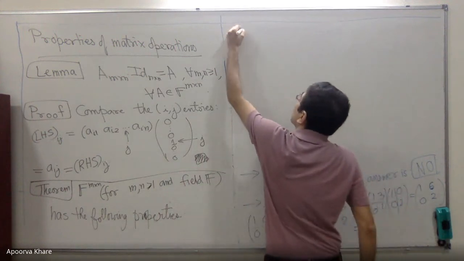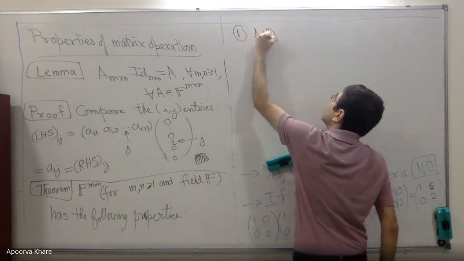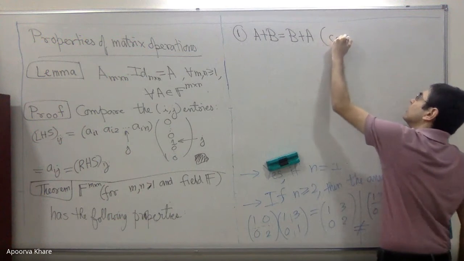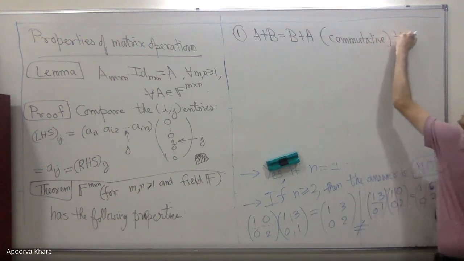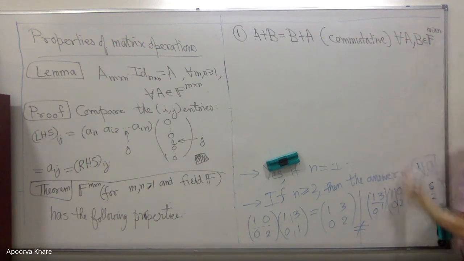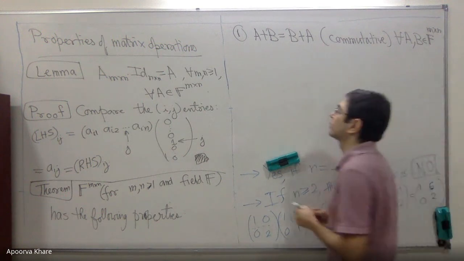One, addition is commutative, so A plus B equals B plus A for all A and B in F to the m cross n. If you have any two matrices of the same size, then the addition is commutative.